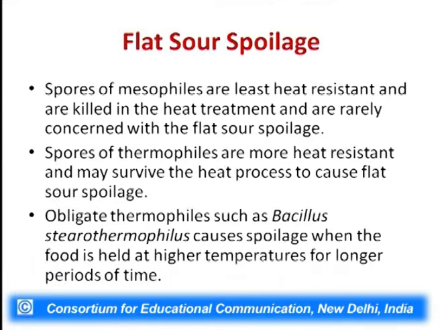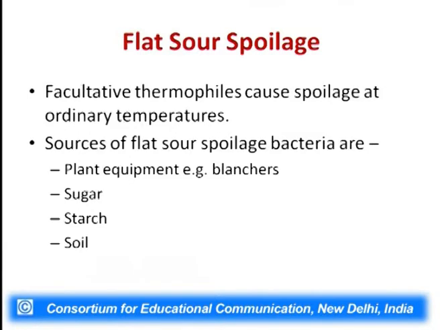So, if it is held at higher temperature, this provides opportunity for Bacillus stearothermophilus to grow and cause spoilage. Otherwise, if the temperature is low, then even if the spores are present, the organism might not be able to grow in the food and cause spoilage.